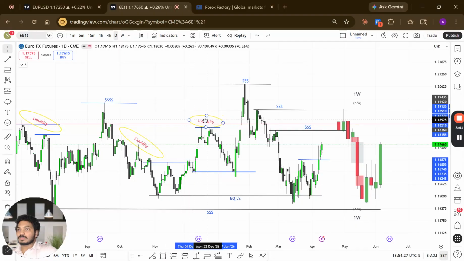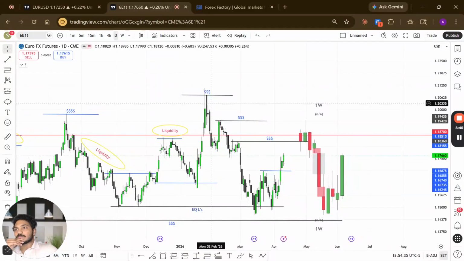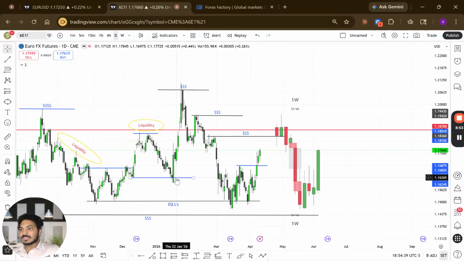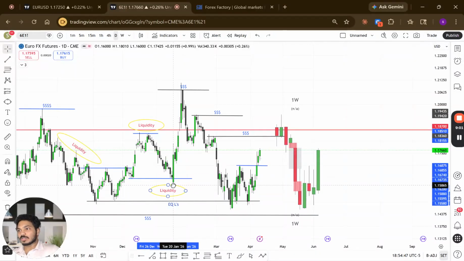These are equal highs, so the liquidity is taken out, and once this low is formed, we can expect sell stops down here. These are equal lows, so we expect to have sell side liquidity resting below these lows, right?